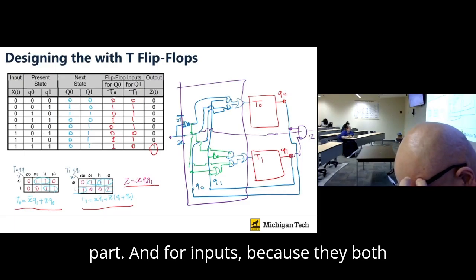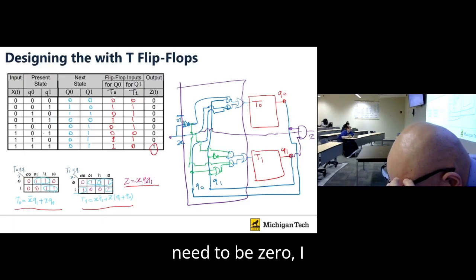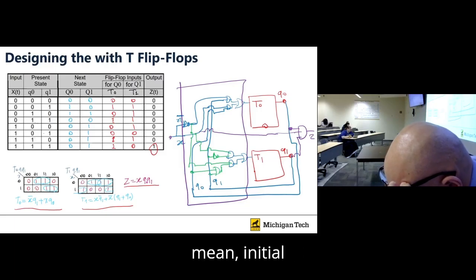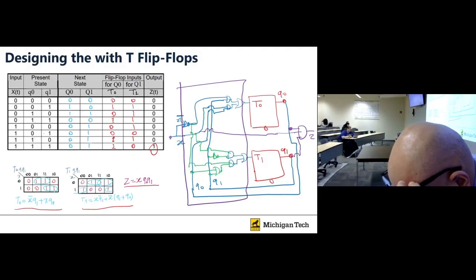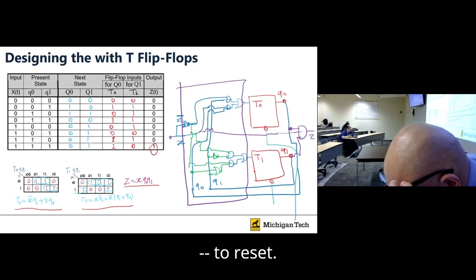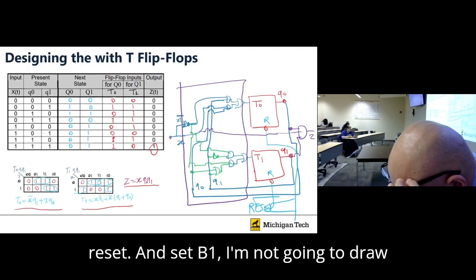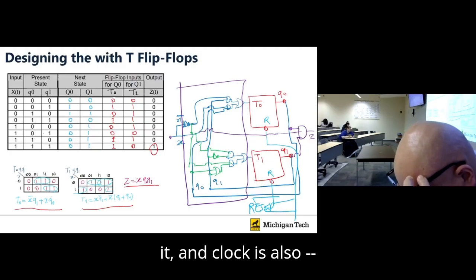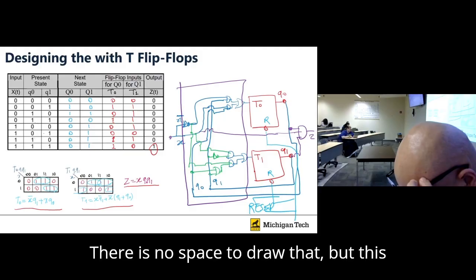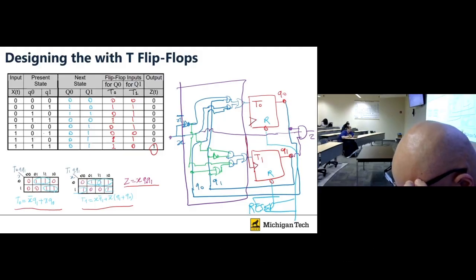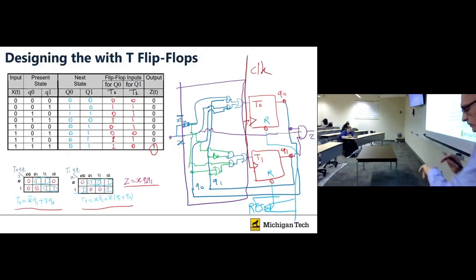And for inputs, because they both need to be initially zero, these two, reset and set, reset is active low. And set B1, I'm not going to draw it, and clock also, there is no space to draw that, but this is clock. That's it. Any questions?